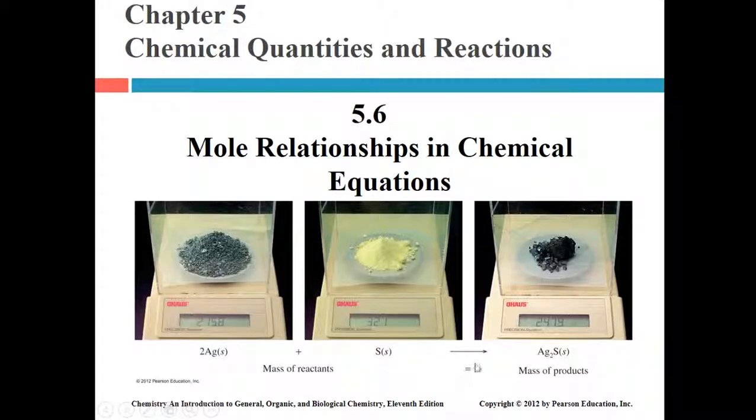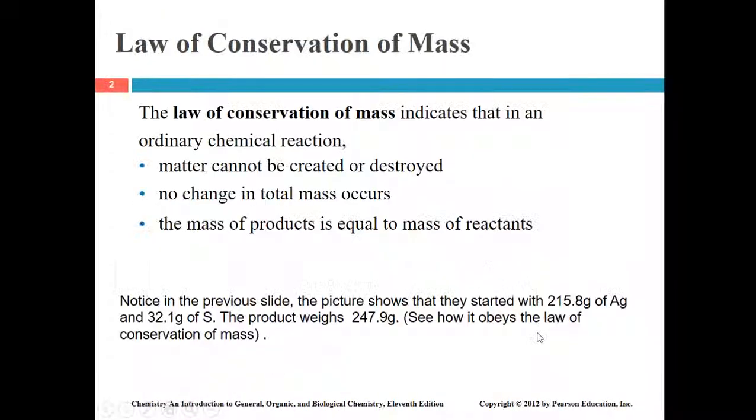So when it makes the product of our silver sulfide, you'll notice the coefficient in front of that is none, so that means 1 mole, and 1 mole of silver sulfide is 247.9 grams. We know how to figure out the molar mass. We practiced it a few sections back, so you can calculate that. But something else interesting is, if you were to actually add up the 215.8 plus the 32.1, it does equal 247.9. Well, let's see why.